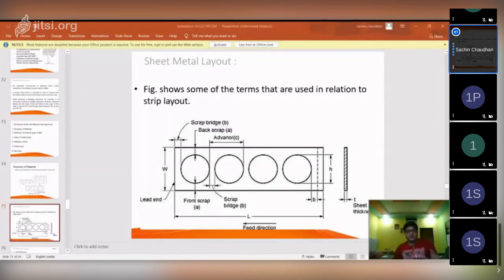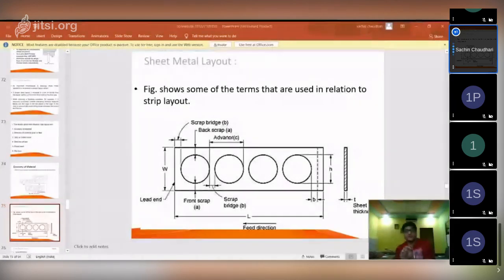So this is the first step, I think, in design of any blanking die or piercing die. Okay, so this is called as a strip layout, where the position of the workpieces in the strip and their orientation with respect to another is shown.